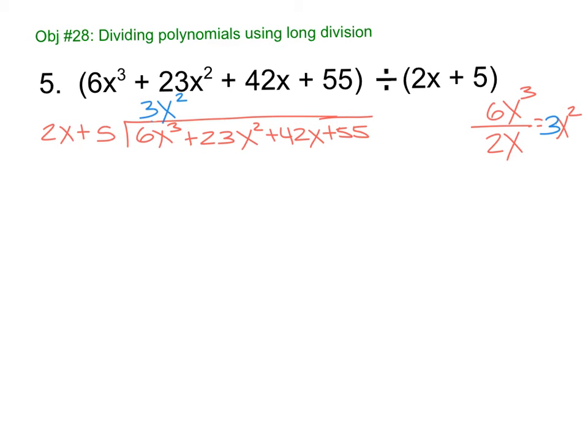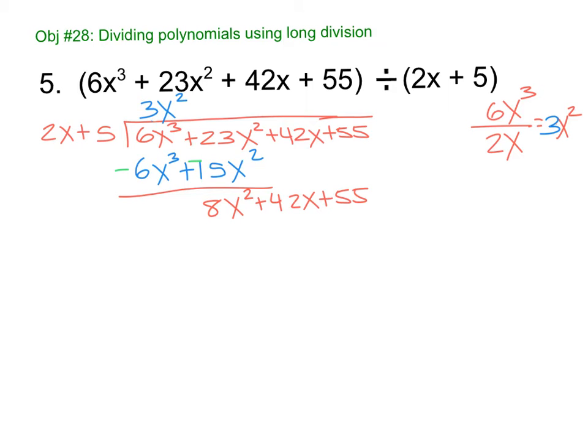See how I said it's so easy to make a silly mistake? All right. 6x cubed plus 15x squared. Change the sign and combine down. I get 8x squared plus 42x plus 55.